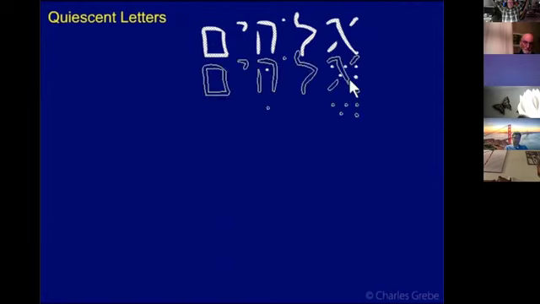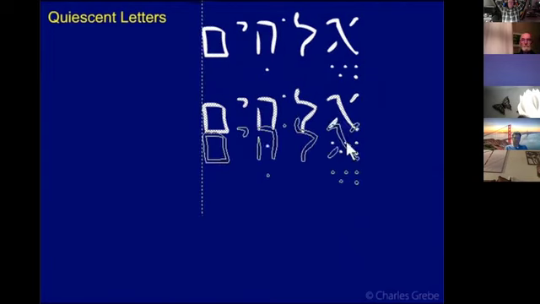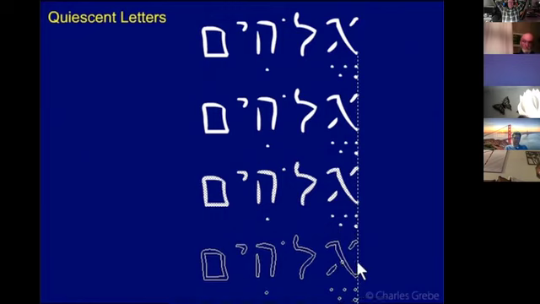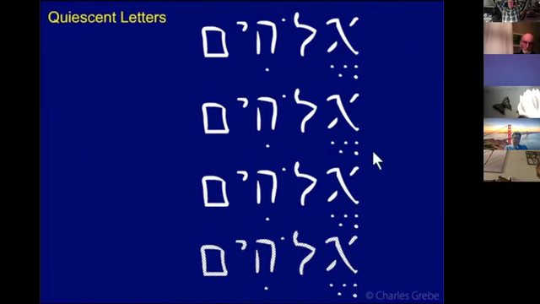See if we can fit it on this page. 2, 3, 4. It's a little squished, but okay. What happens if we add an inseparable preposition like le on here?